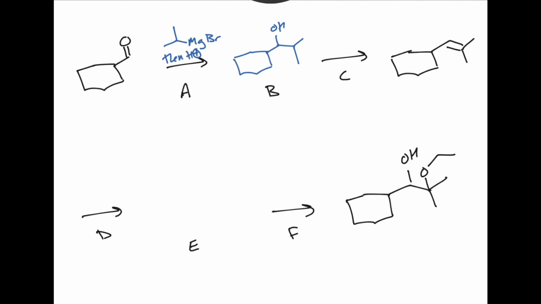How can I make that double bond? So, turning an alcohol into a double bond. I'm going to suggest we use the one that doesn't make carbocations. We don't have to worry about rearrangements.